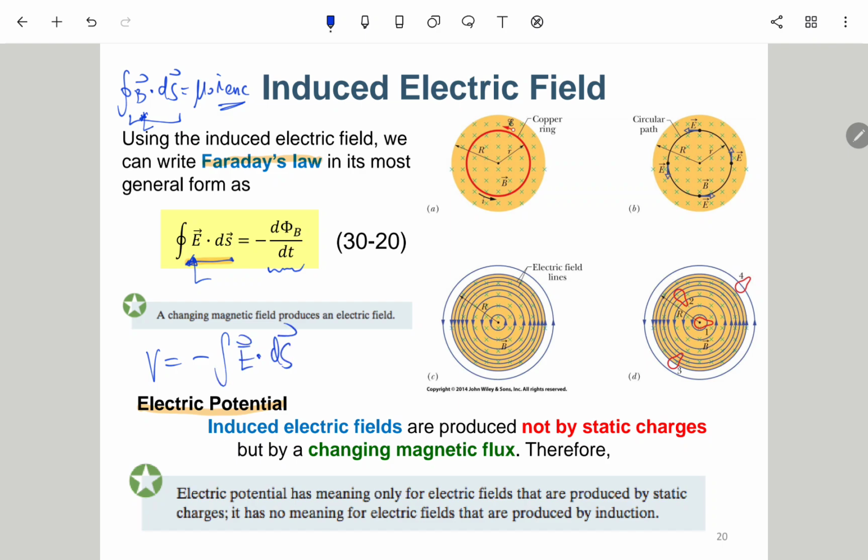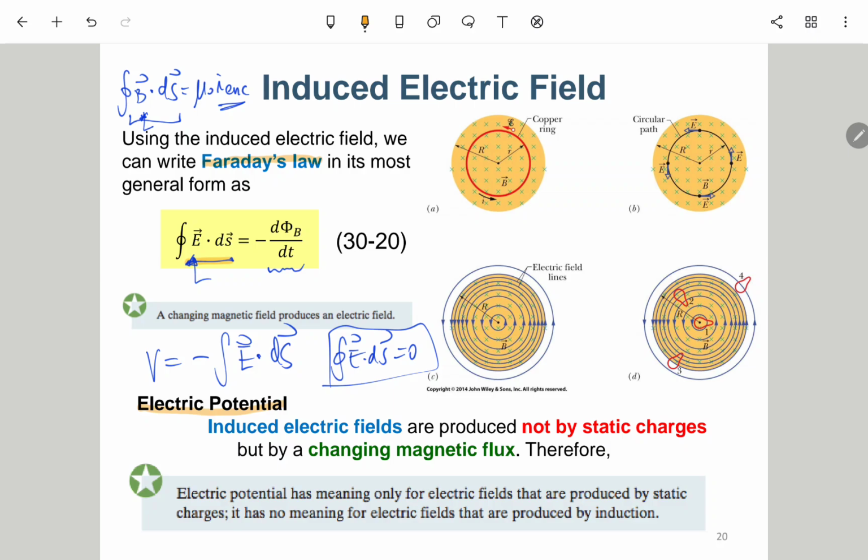This is the electric potential, and at that time we told you that if you go around a closed loop, the integral of E dot ds will always be zero. At that time, it means that we don't consider any B field or time varying B field, so that the potential difference is only related to the starting point and the end point.